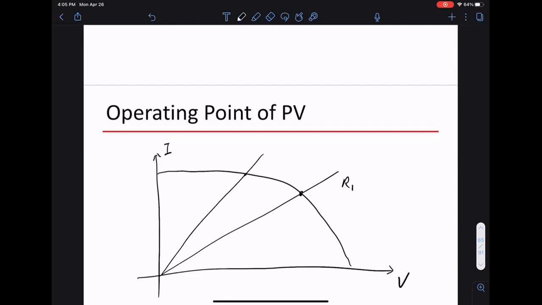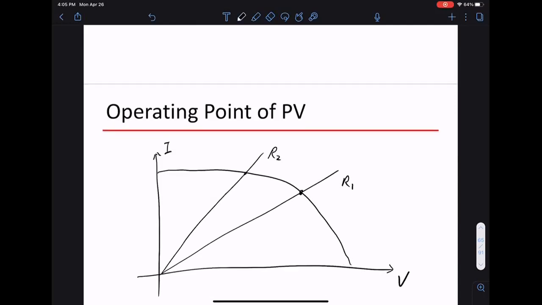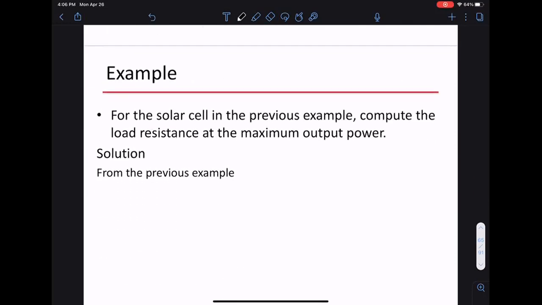So this is a source, the power source. The way we draw power from it is by controlling the voltage of the load, or equivalently controlling the resistance of the load. All right, so from the previous example, we want to put this in terms of resistance.